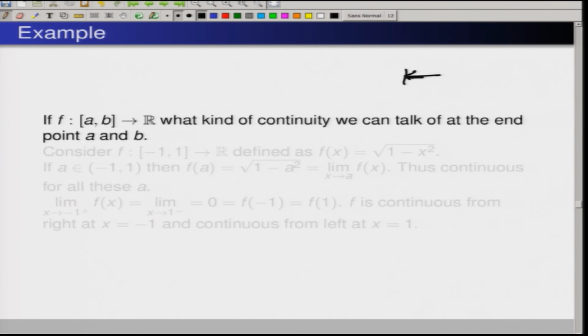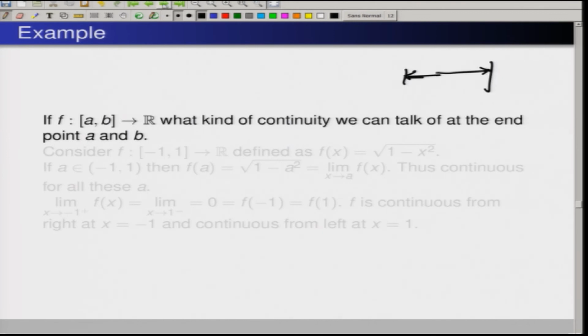Therefore, the only possibility is that it can be right continuous or it may not be right continuous. On the right end point, we can only approach from inside, that means from the left. Therefore, the only possibility at the right end point is that it can be at most left continuous.